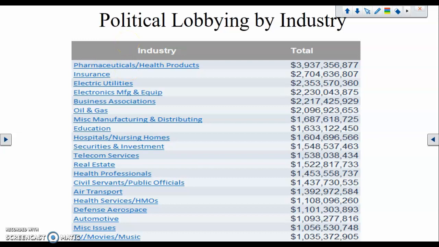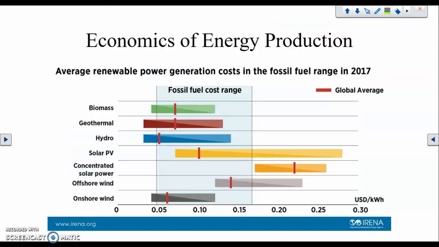Money talks in our country, unluckily, and a lot of these industries spend a lot of money to keep the politicians that we send to Washington D.C. beholden to them instead of us. So that's just my little diatribe about politics. It's all about the money in this case.